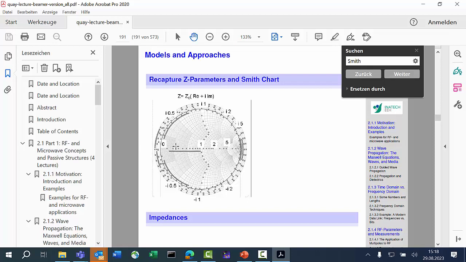When you're connecting components, you have to look at them from a reflection perspective in the same system. So you either do 50 ohms or 1 ohm or 10 ohm. This decision of which reference impedance to choose is either given to you because you get everything in this system, or you do it yourself, like a magnifying glass, saying, I want to look closer, so I'm switching to the other system.